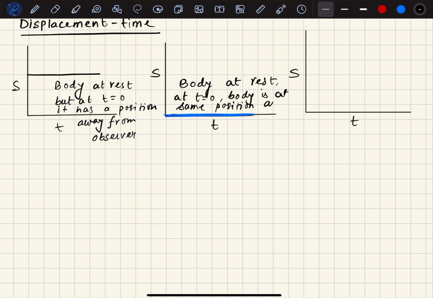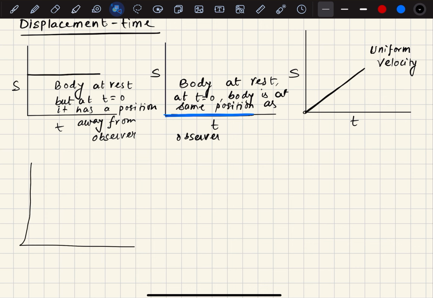Okay, next, if a body is having uniform velocity starting from the position of the observer, so this is simply uniform velocity. Okay, what about this?